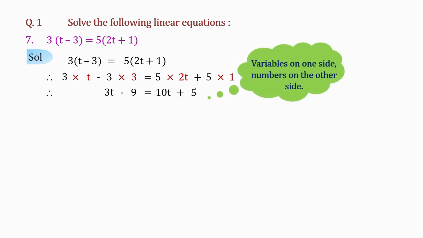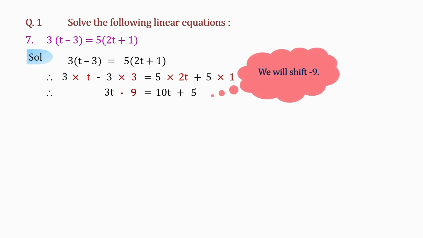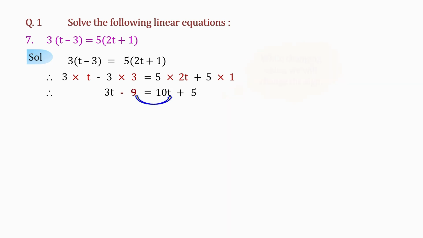Now we will put the variables on one side and the numbers on the other side. So we are going to shift minus 9 and it will change the sign.